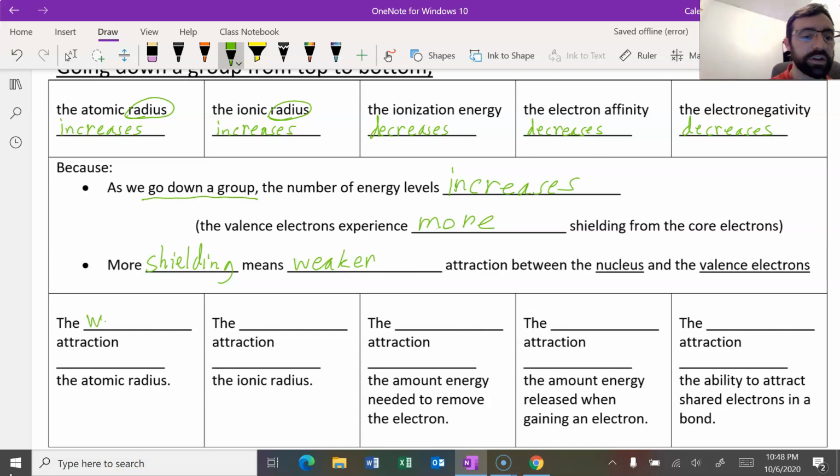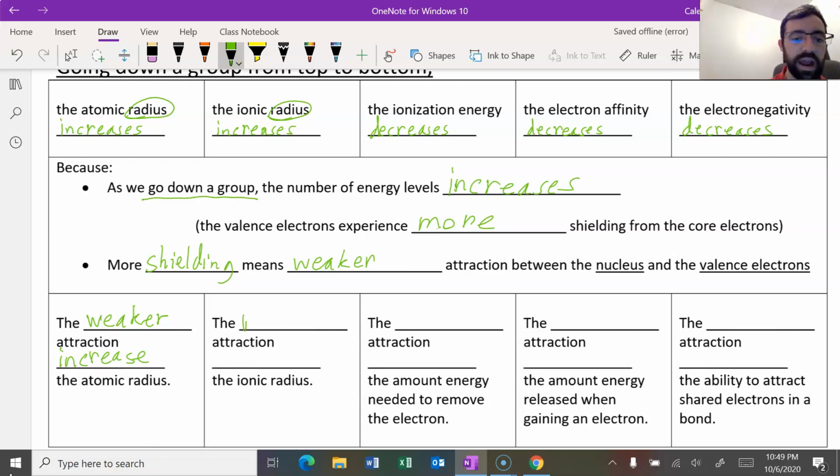The weaker attraction is going to increase the atomic radius. So if you look, we're kind of building a column here, right? That column is just explaining the atomic radius trend. And it's very similar to the ionic radius.